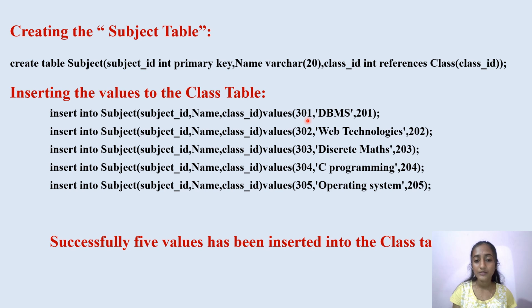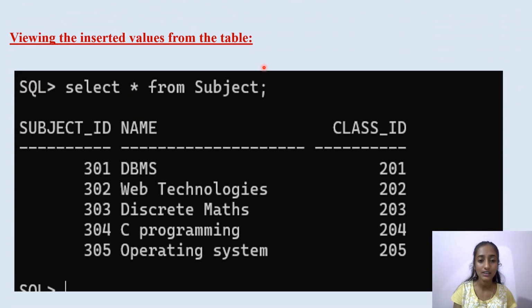Values: subject ID is an integer type, so I have inserted an integer value. Name is a varchar, which I have enclosed within single quotes. Class ID must be the same as a class ID from the class table we created.